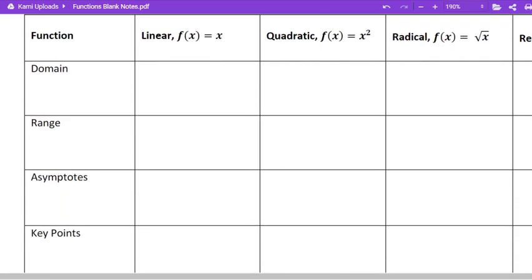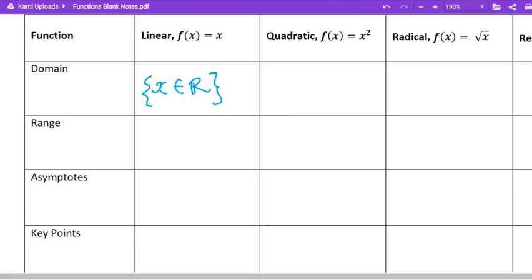So if we go into this table, for the linear function, the domain is that x belongs to all of real numbers, because the linear function goes forever and ever and ever along the x-axis, right? It never stops. There are no restrictions. How about for the range? Any restrictions?